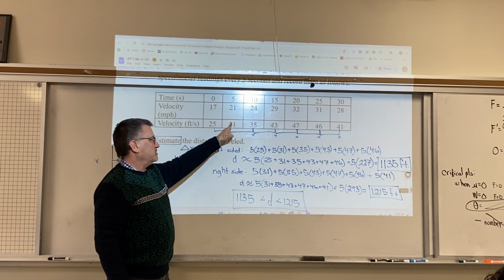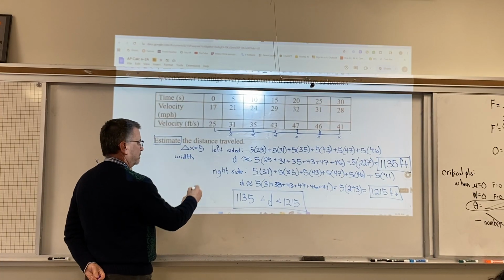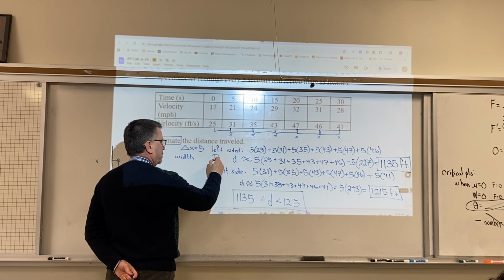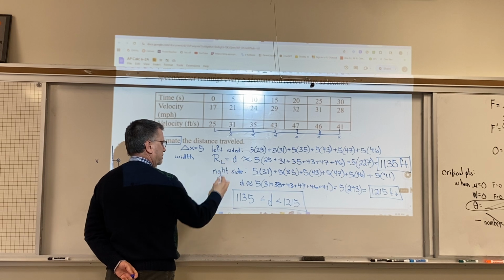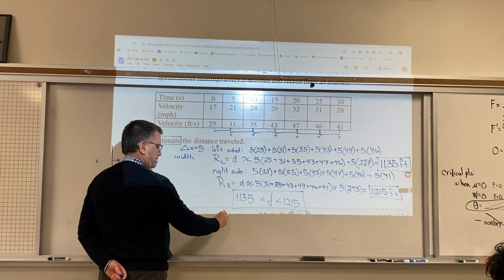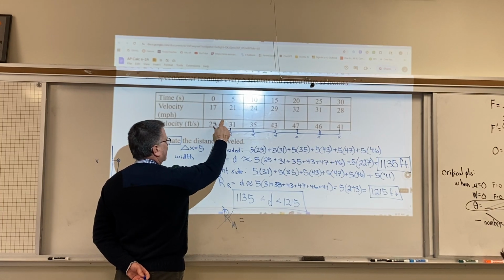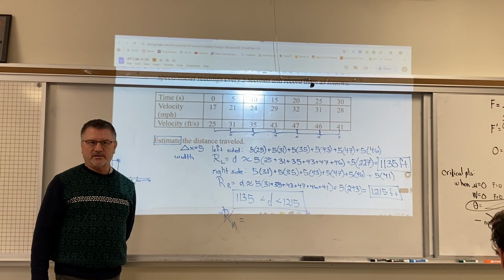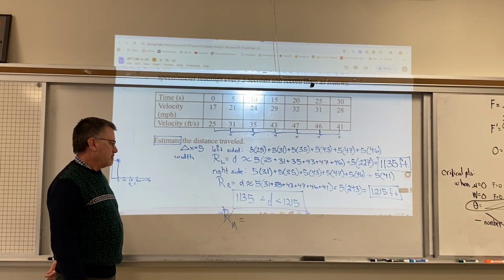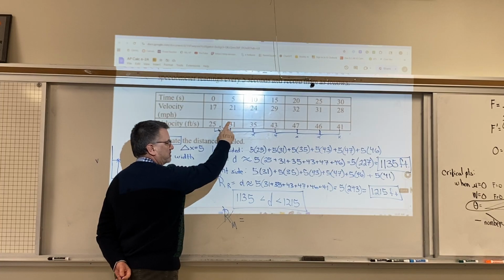So I have to use these numbers, I can't use midpoint. So this would be a Riemann left side, and this would be a Riemann right side, and a Riemann midpoint we can't do, because I don't know if halfway is gonna give me halfway. Maybe I was at 25 the whole time, and then all of a sudden I jumped up to 30.